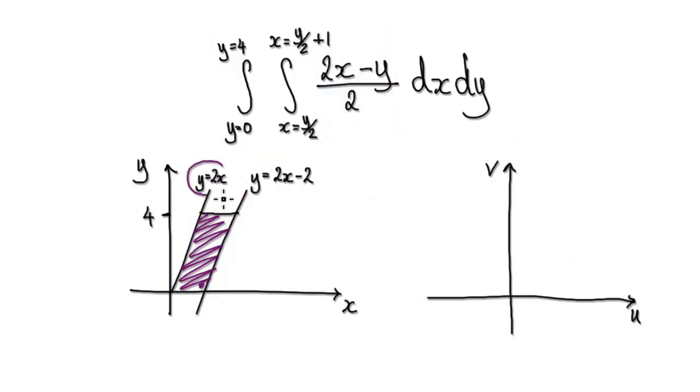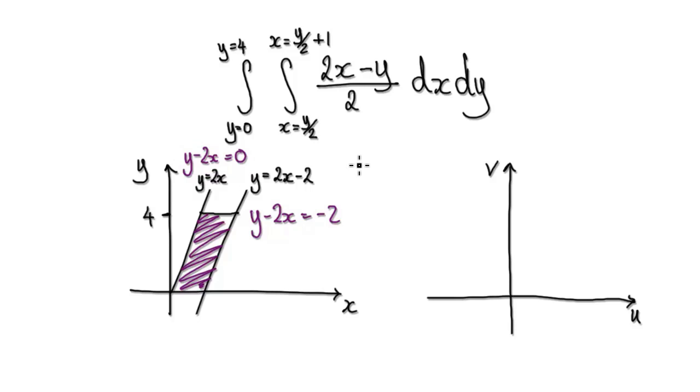Let's start again. If you take away 2x from both sides, that would be y minus 2x equals 0, and then take away 2x from both sides, so y take away 2x equals -2. See this? This is a constant. So let u equal this thing here.